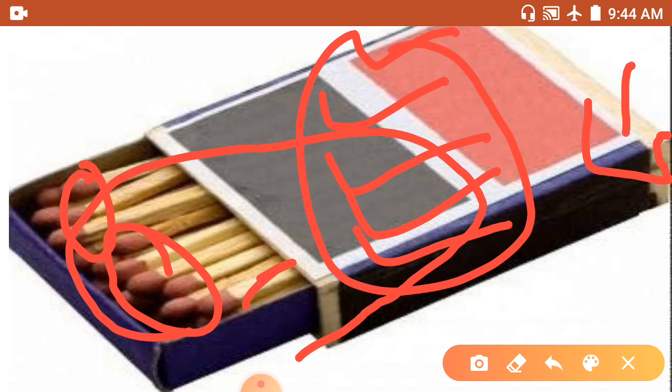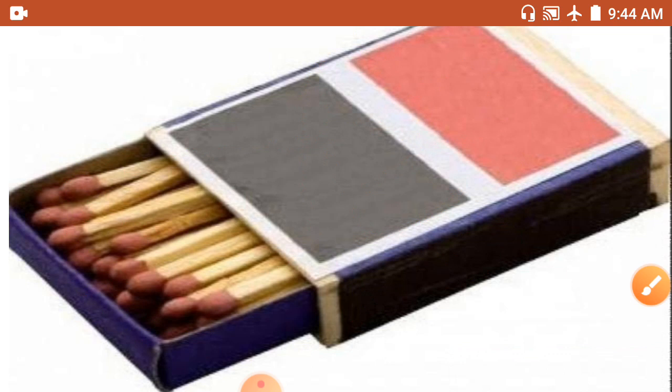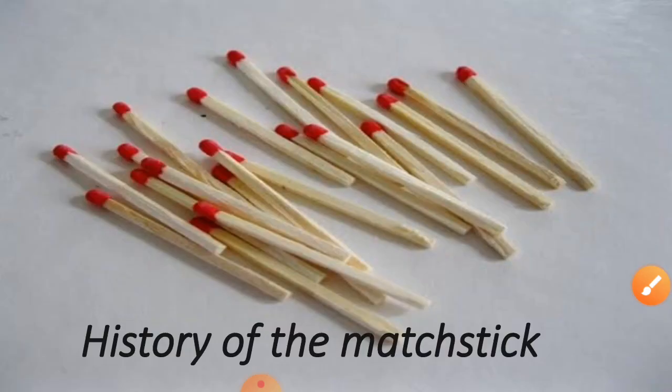Okay, how many things do we want? 5. But the white phosphorus proved to be dangerous both for the workers involved in the manufacturing of matches and for users, means us. And these days the heads of safety matchsticks contain only 2 things, that is antimony trisulfide and potassium chlorate.